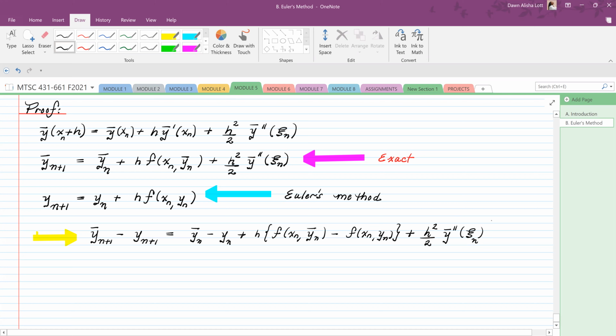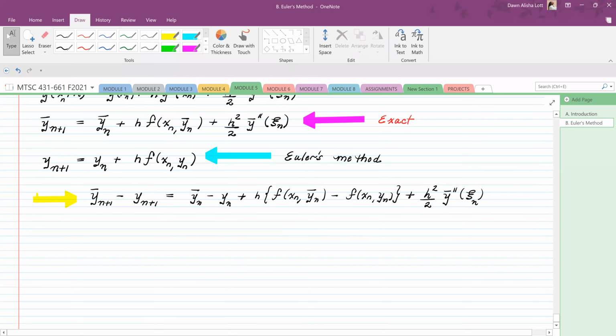Now, from the beginning part of the class, when we were first deriving the errors, we are calling this thing en plus 1, and this thing we call en.